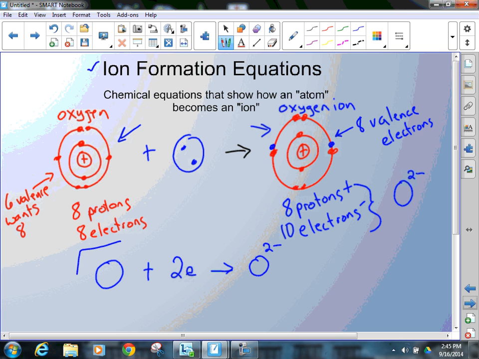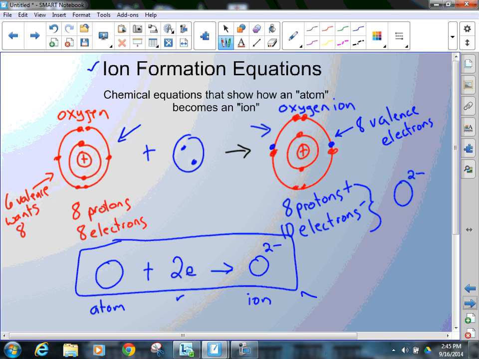So the ion formation equation is just this thing right here, which shows that an oxygen atom gains 2 electrons and turns into an oxygen ion. Since this ion is negative, we call it an anion.